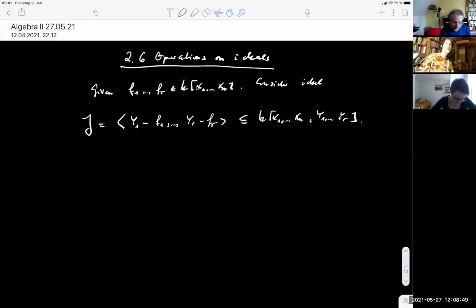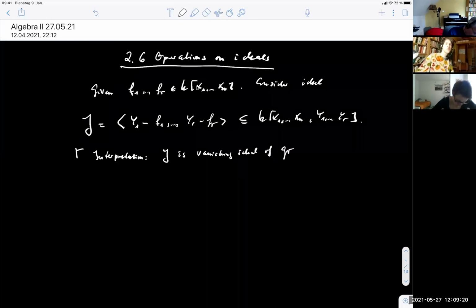So I keep the interpretation in parentheses, but it will not be required to know this. But of course, it's good to know it. The interpretation was this: J is the vanishing ideal of the graph of the corresponding polynomial map F from K^n to K^r.